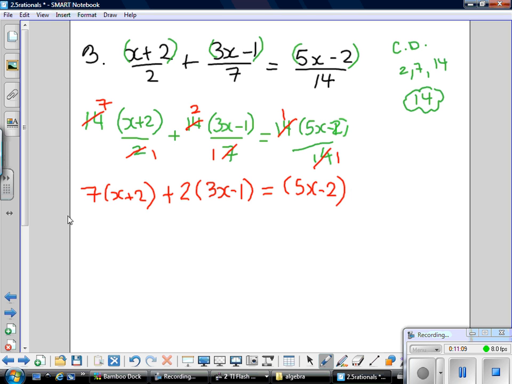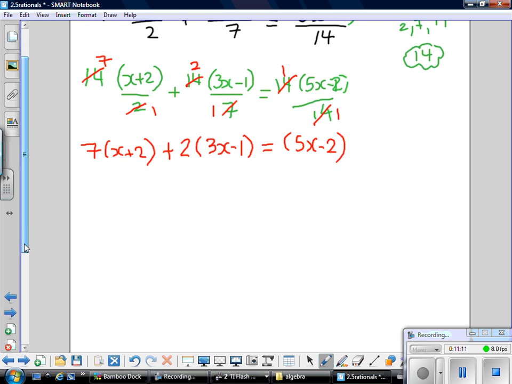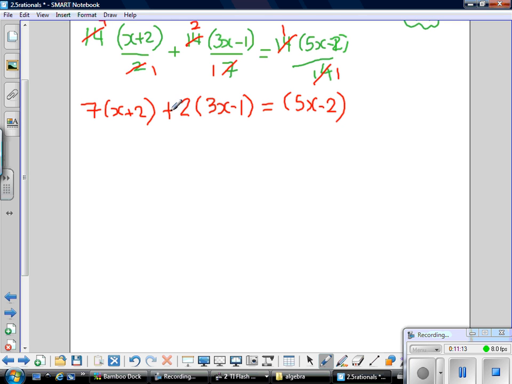Now what we're left with are those multi-step questions that we did before, in the sense that now I have to get rid of the brackets. To get rid of the brackets, remember we do the distributive law. So we end up with 7 times x, which is 7x. 7 times 2, 14.